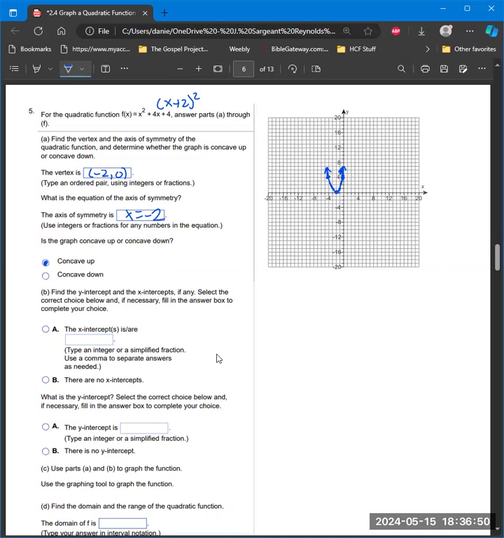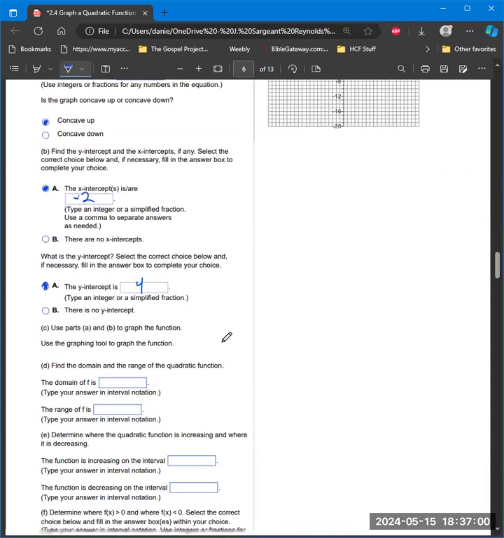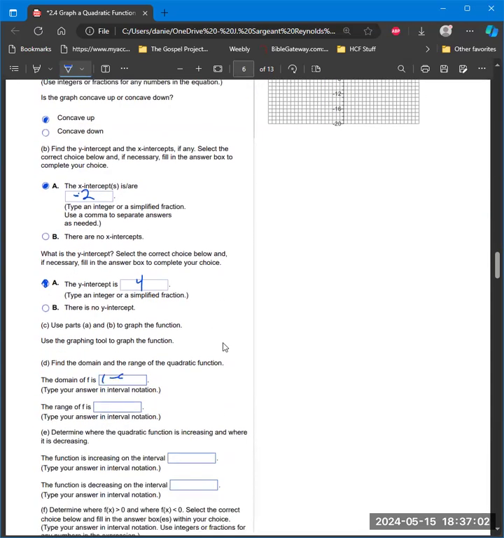The x-intercept is x equals -2. The y-intercept is at (0, 4). The domain is -infinity to infinity. The range of the function is from 0 to infinity.